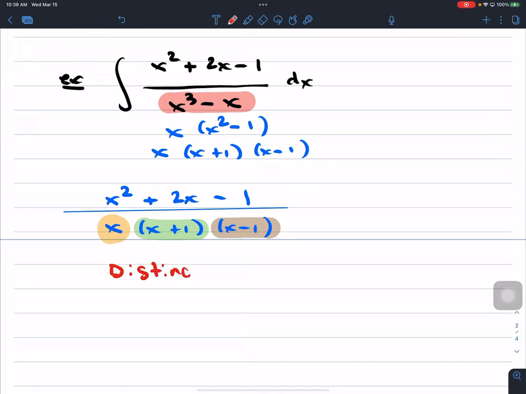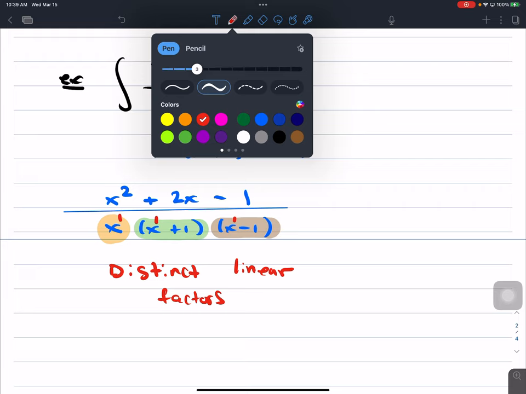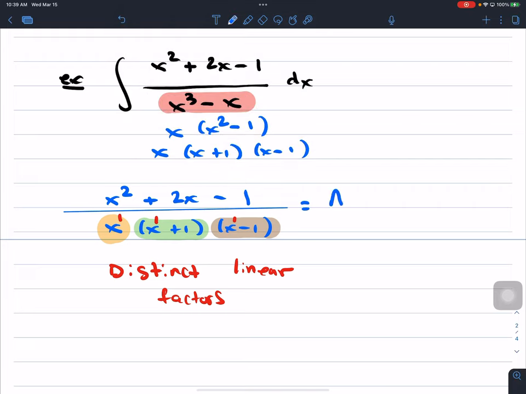What does that mean? Different. Linear factors. There's 3 different linear factors now. How do you know they're linear? The highest power of the variable is 1. Okay. So what you do for every linear factor, put the constant a over that linear factor.